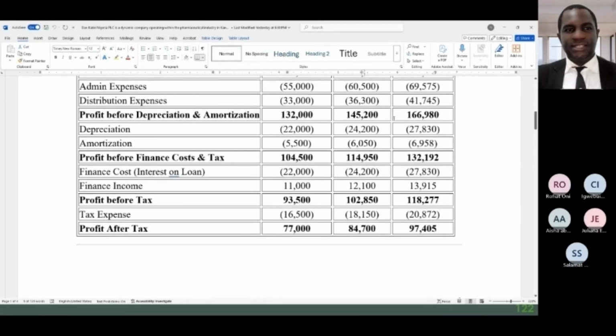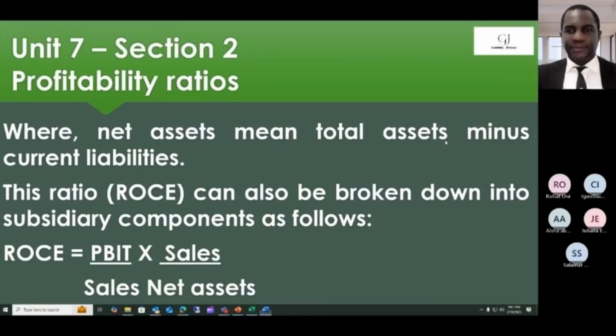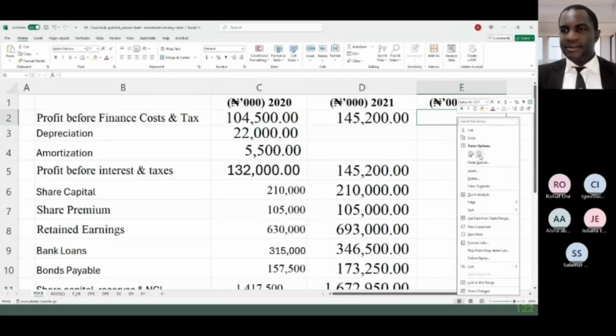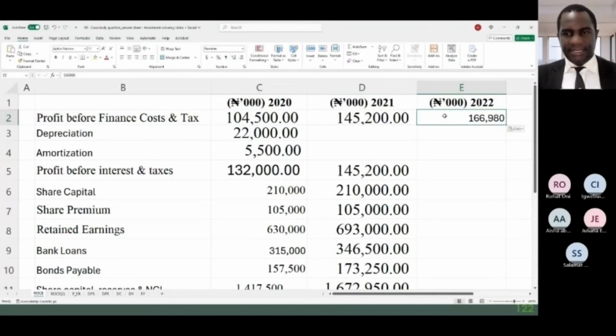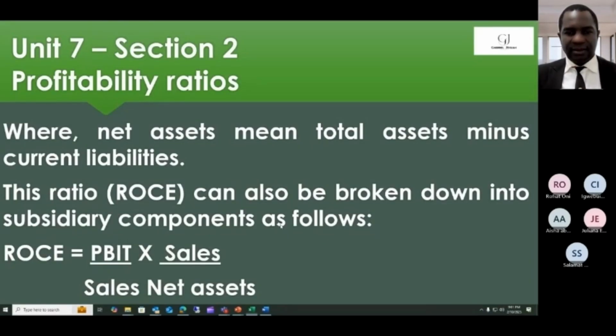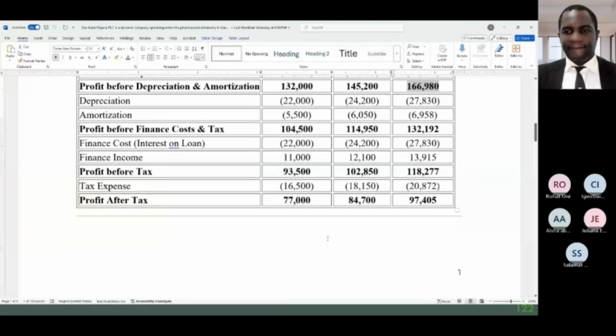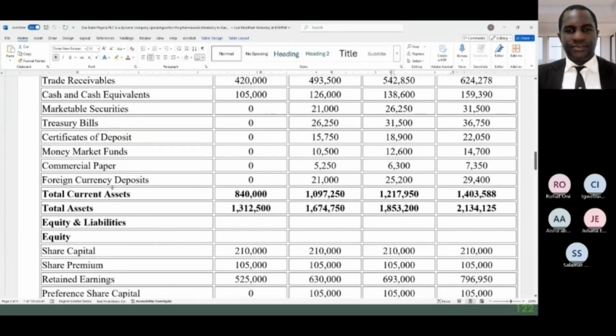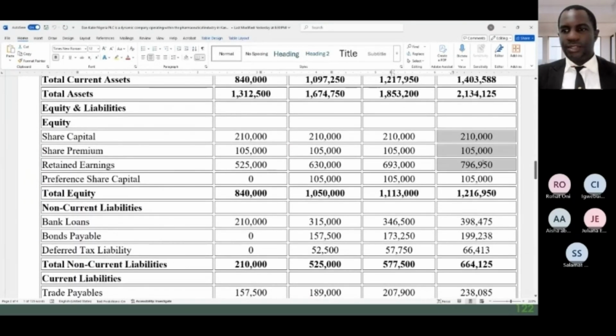So let's pick for 2023 profit before depreciation and amortization, 166,980. So let's pick that. Okay, so we have that. Then let's go and pick our liability items. So we have 1, 2, 3.